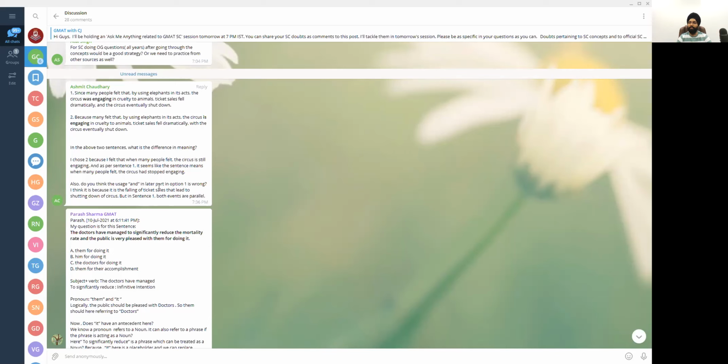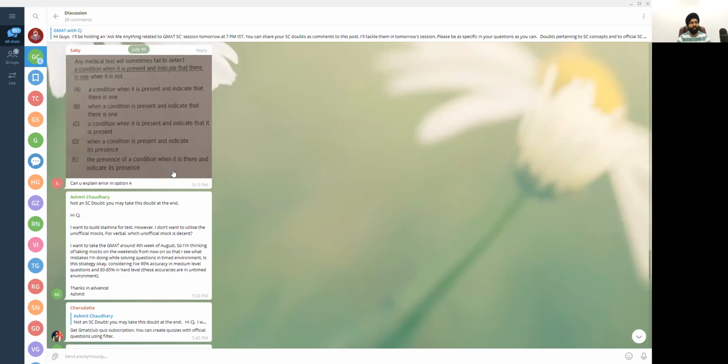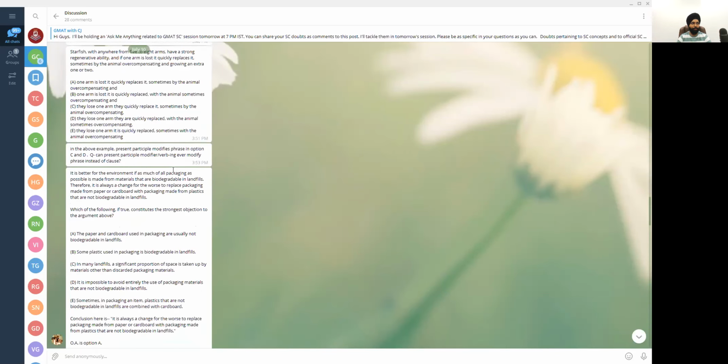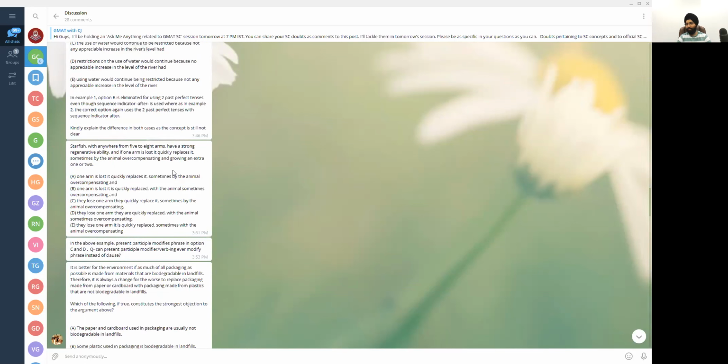Okay, this is a similar confusion people have in the starfish question also. This is the question I took up in the session. Not sure whether you remember it. You can look at this question. Here, people have a confusion about overcompensating, growing an extra one or two.